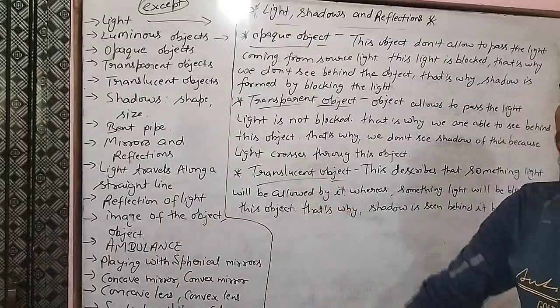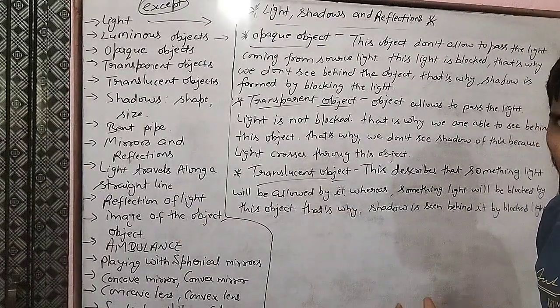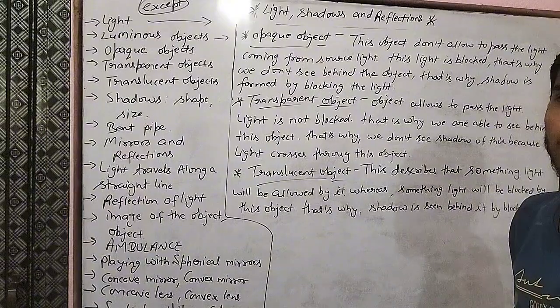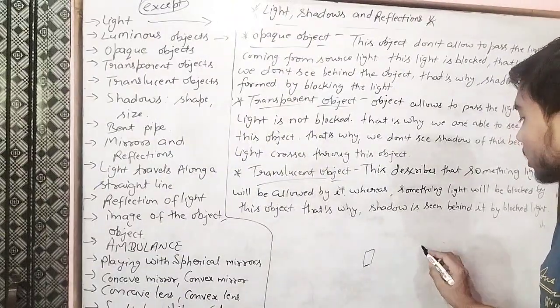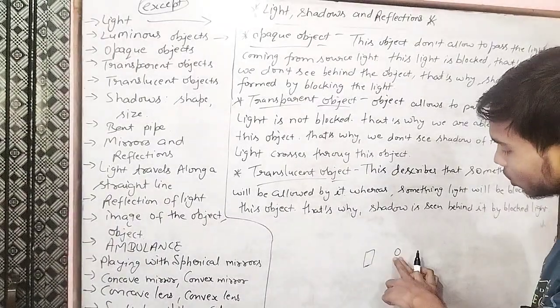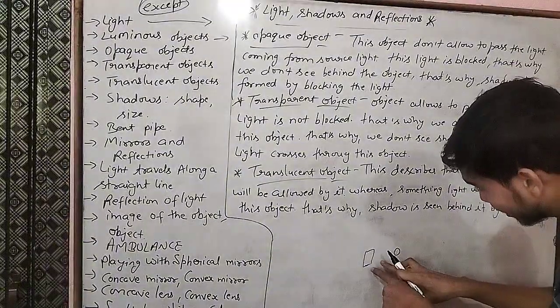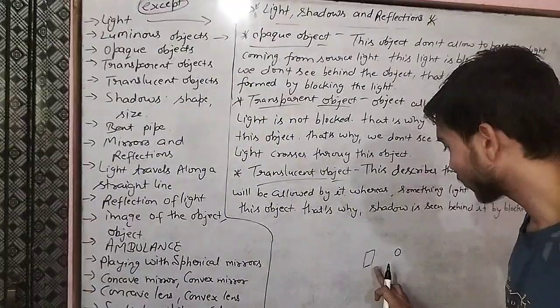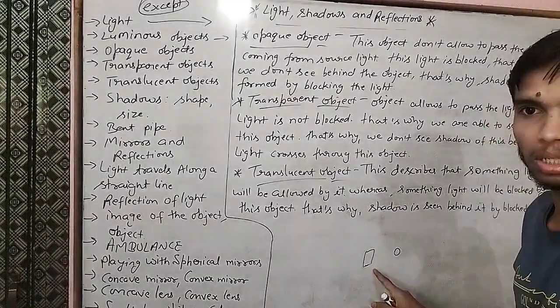Shape and size. Size, distance, you can say. So it depends on distance. In a darker room, there is a light. Now the shadow of this object: the source light is kept near, in front of this object, so the size of the shadow of this object will be larger.